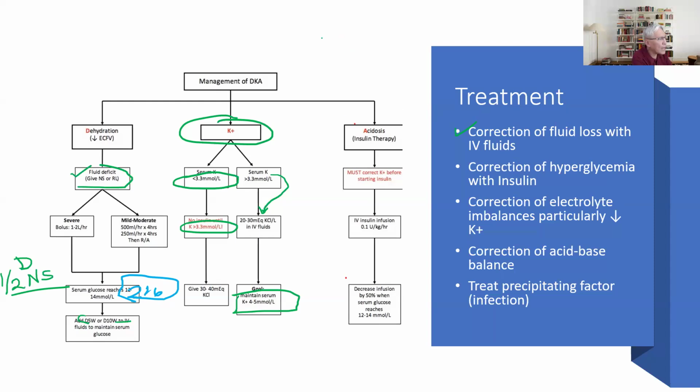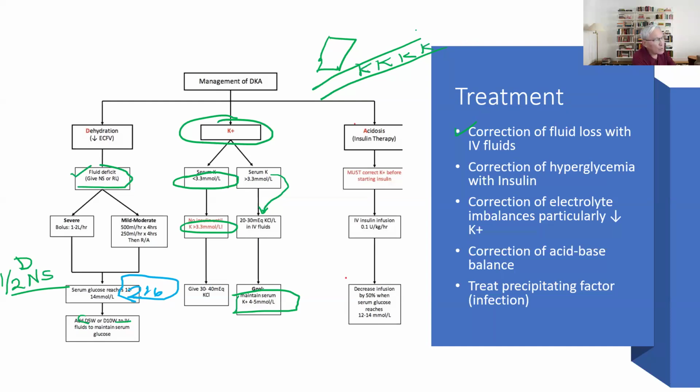So if you have hypokalemia, do you want to treat it right away with your insulin? And the answer to that is no. Okay. So you remember that over here, you have a serum potassium that's going to be very high.